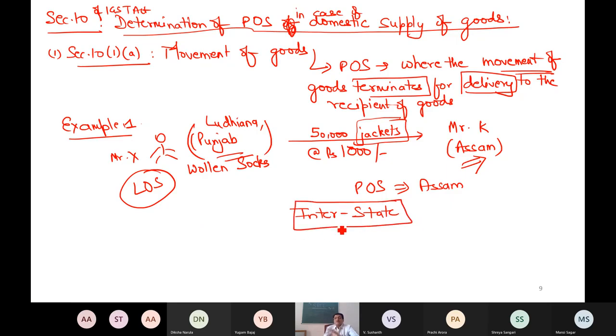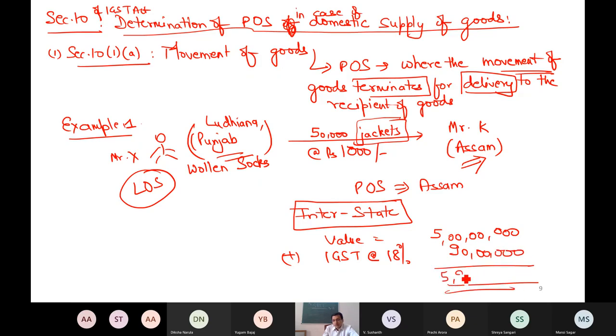It is interstate. The second work is what? It will tell me that the Assam government will get the revenue. How much? Now, for example, the value is 5 crore, add IGST. Since it is interstate, I will add IGST. Let me assume 18%, so 90 lakh is IGST.